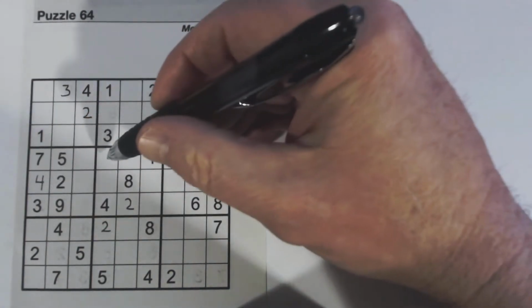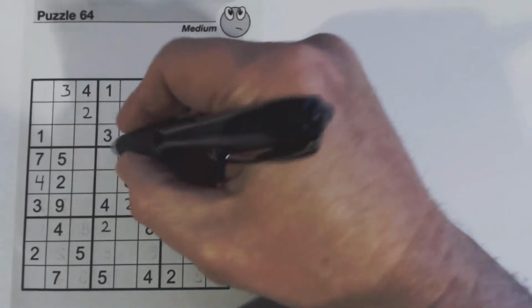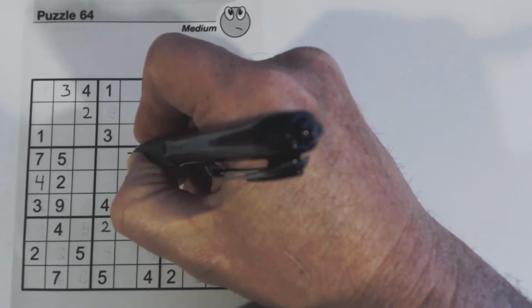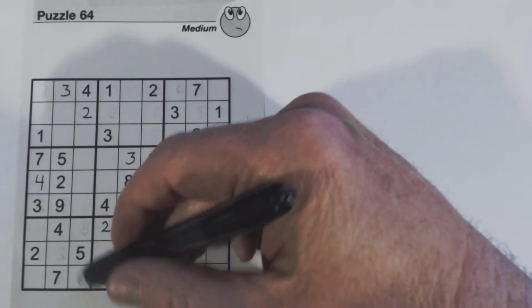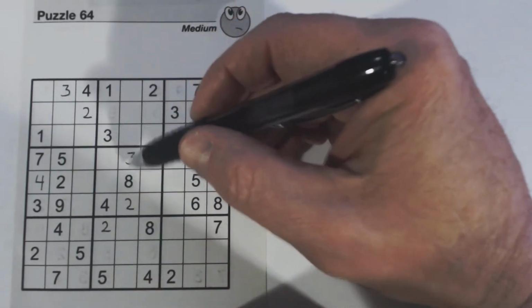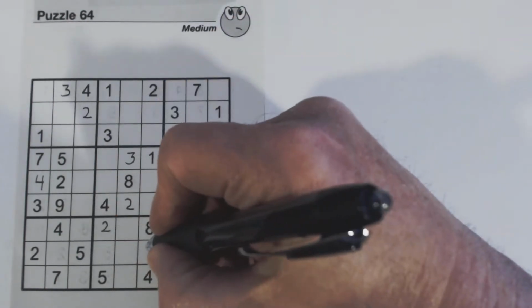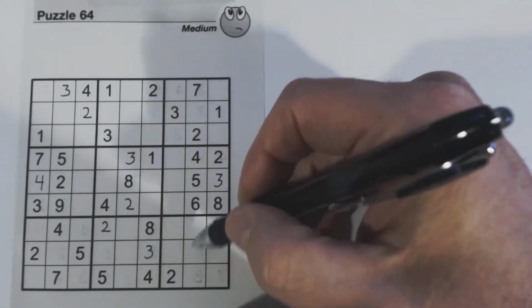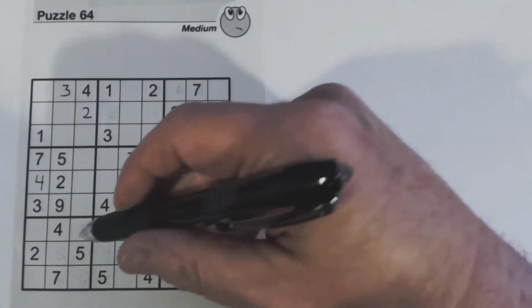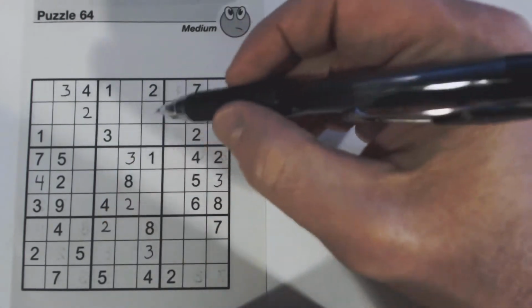That's a 3 right there. One of these is a 3. That's a 3 right there. So one of these is a 3, one of these is a 3.